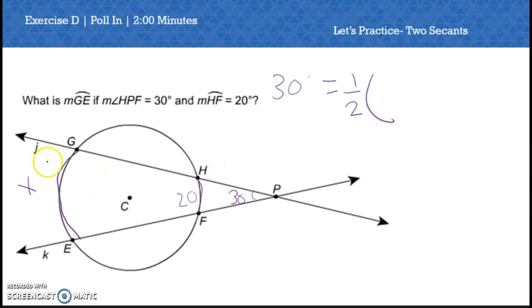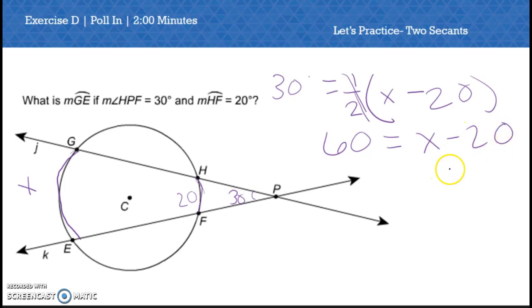So in this case, that would be bigger was X, GE, minus 20, the smaller one. So if we want to solve for X, we can multiply both sides by 2. We get 60. That will get rid of our 1/2 here. 60 is equal to X minus 20. Add 20 and we get 80 equals X.